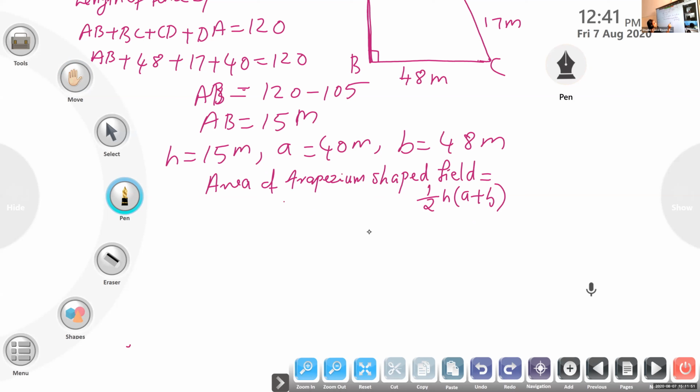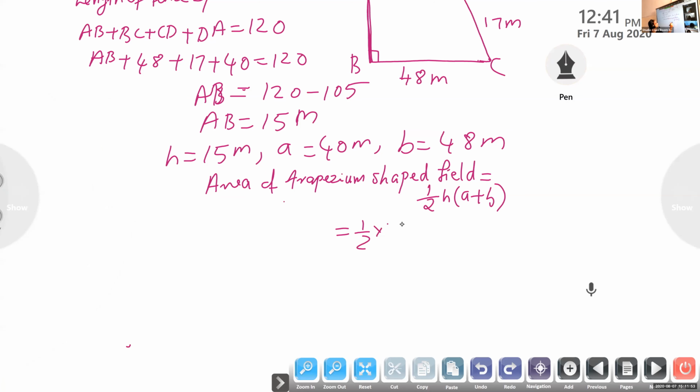So equal to half into 15 into 40 plus 48. Equal to what?